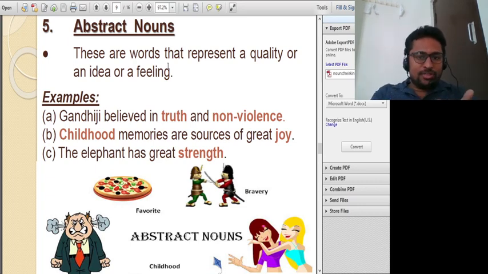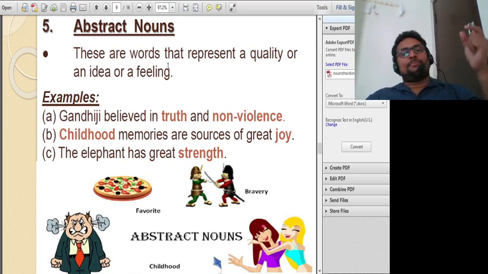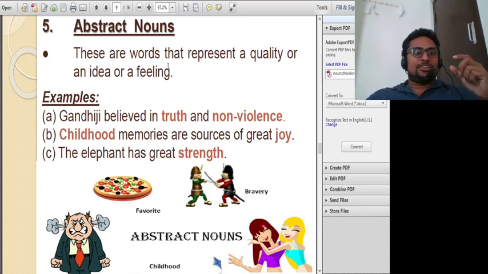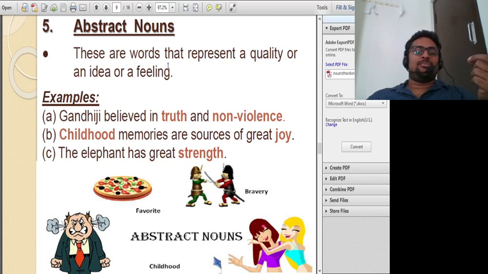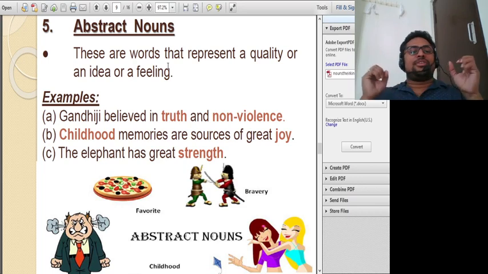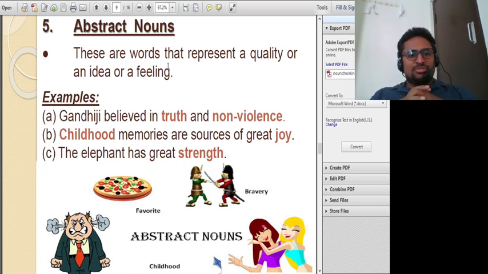We are able to touch them, we are able to lift them. But abstract nouns are not like material nouns. With abstract nouns we can feel them, we can imagine them, we can have an idea about them, but we can't touch them. Such nouns come under abstract nouns. Truth, can you touch it? No, right? So truth is an abstract noun.